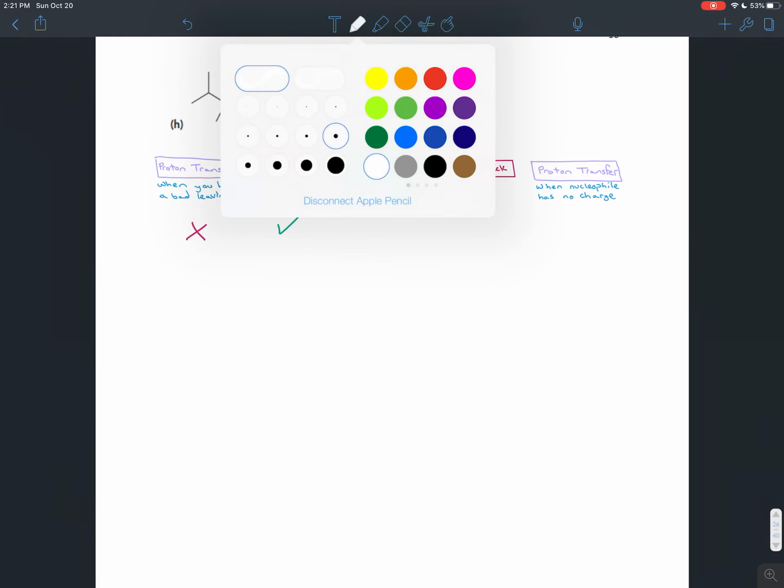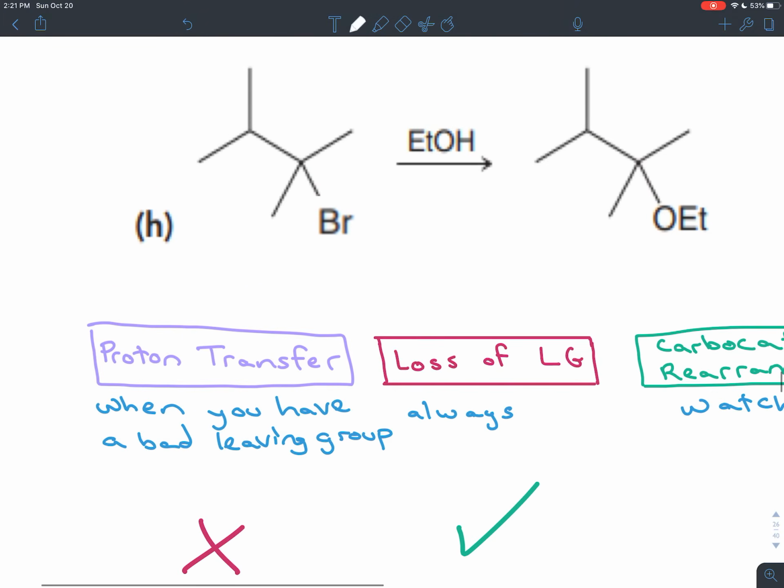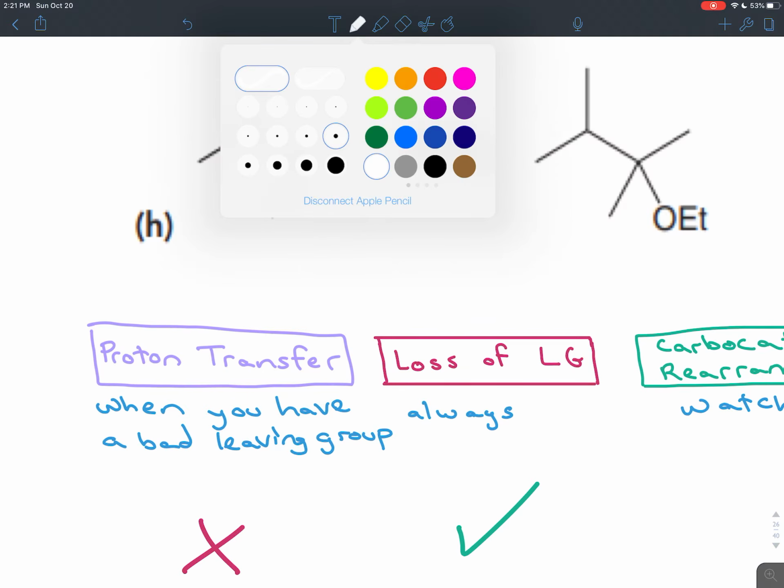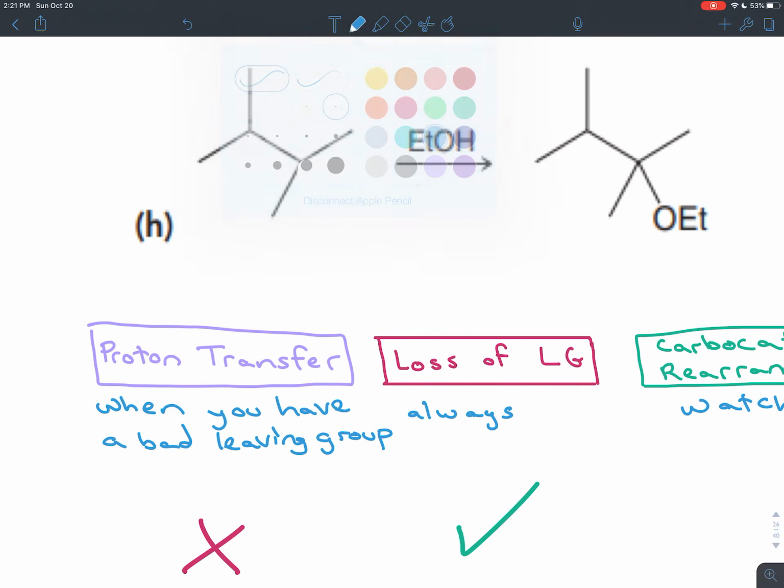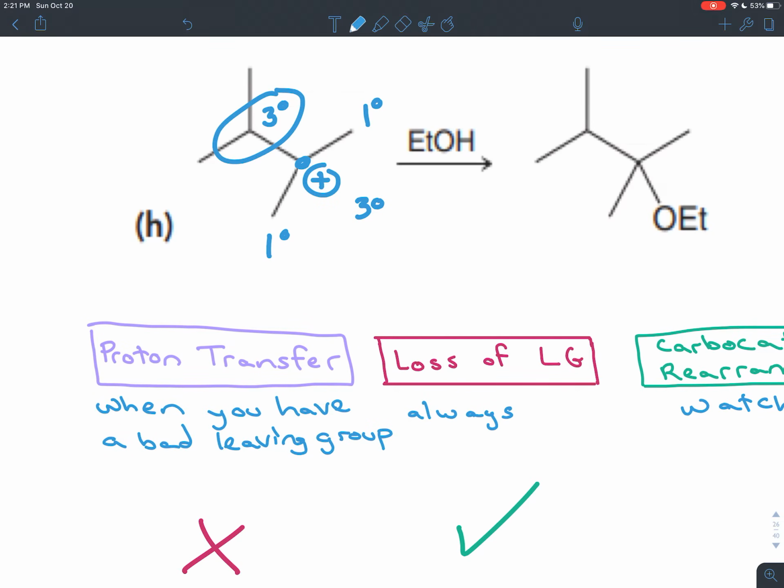If you were thinking of the carbocation rearrangement, imagine the leaving group comes off and you have your carbocation there. This is a tertiary carbocation. None of the positions next door is more stable.